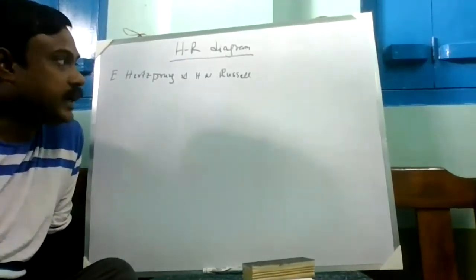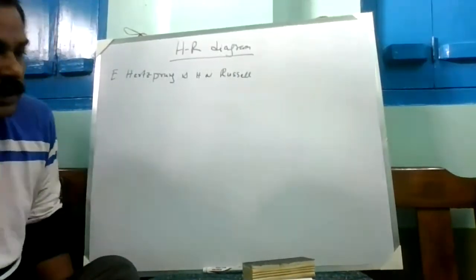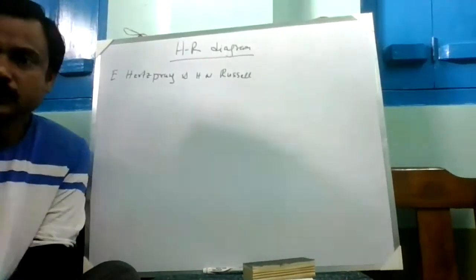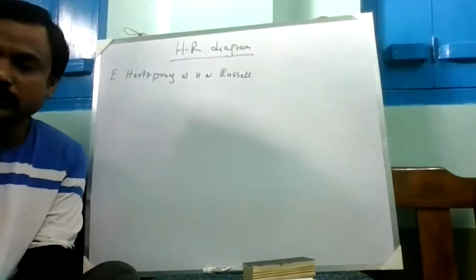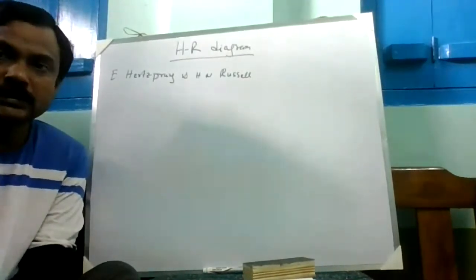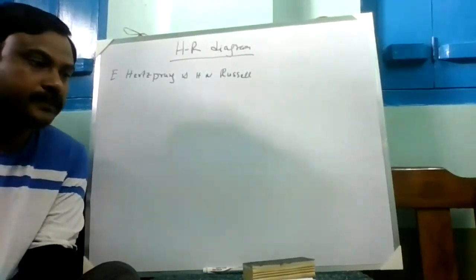What is this diagram? This diagram is a plot of luminosity or absolute magnitude. You know, luminosity and absolute magnitude are different. The more luminous an object is, the more negative its absolute magnitude will be.